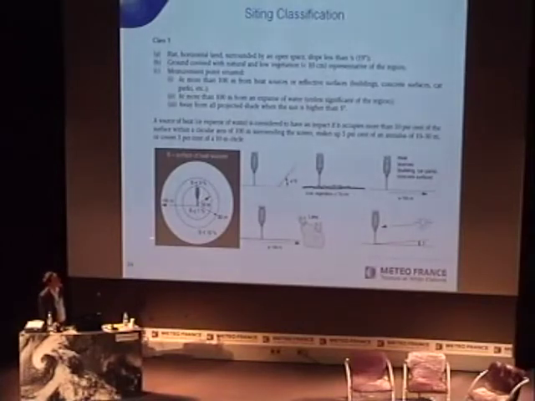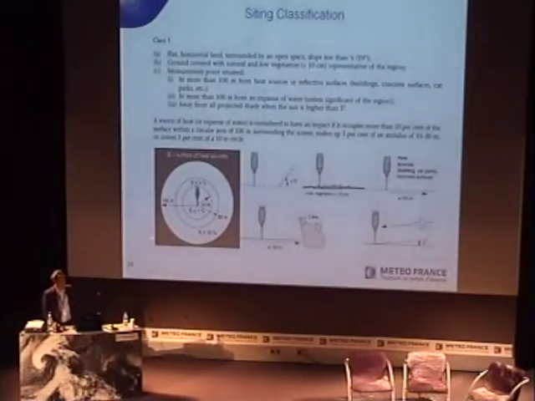So the siting classification, as you can see it on the WMO website, for example, is different for each parameter, because the requirements are not the same when you measure temperature or wind or humidity, rain, whatever.